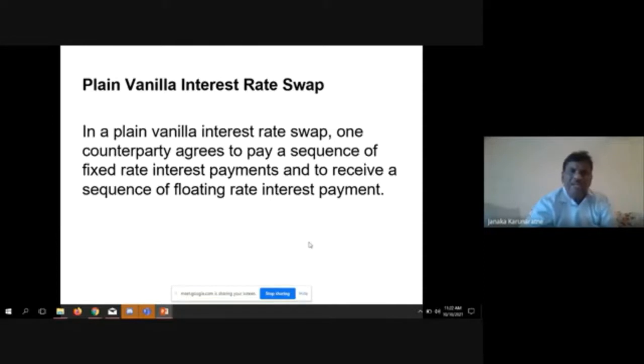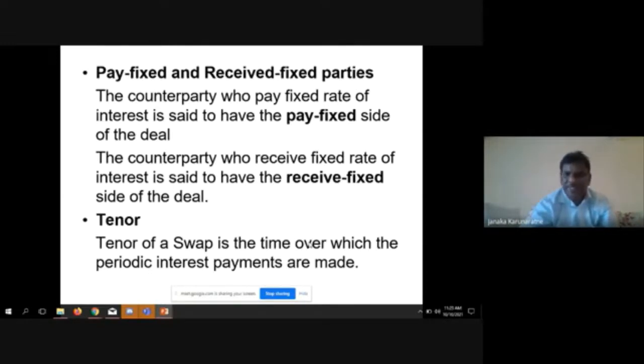If you can find a party who needs floating rate and agrees to pay the fixed rate, due to the different interest rate structure of his products, he wants floating rate from you to mitigate his risk. So you give floating rate cash flows to the other counterparty and ask him for the fixed rate. Then your risk can be covered. That's how the cash flows work in an interest rate swap.